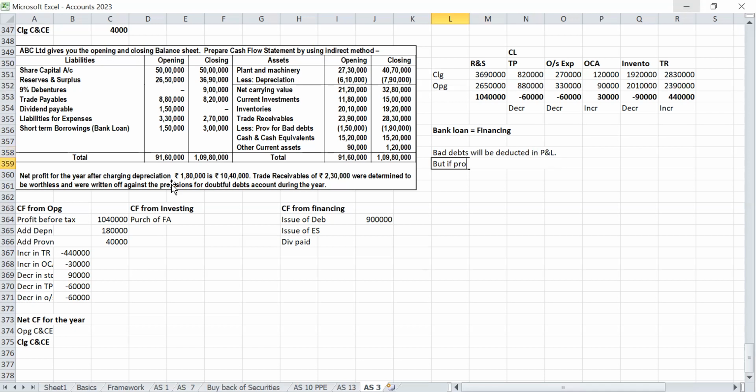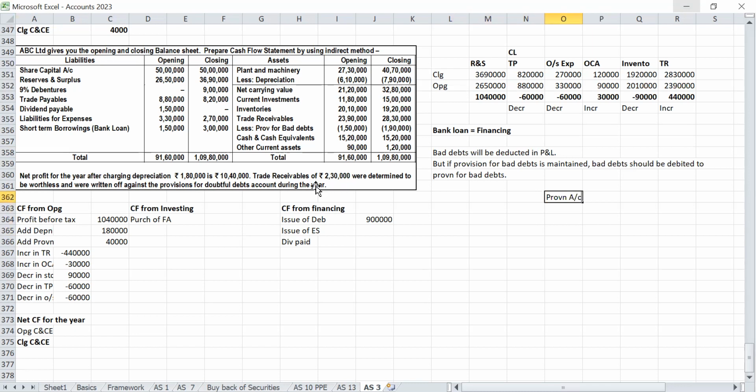But if provision is maintained, I already told you, bad debts should be debited to provision for bad debts account. So in this case, bad debts is not deducted to profit and loss account. Normally I told that provision is a non-cash expenditure, and bad debts is also non-cash expenditure. But here 2,30,000 bad debts is not debited to profit and loss account because the provision account is maintained.